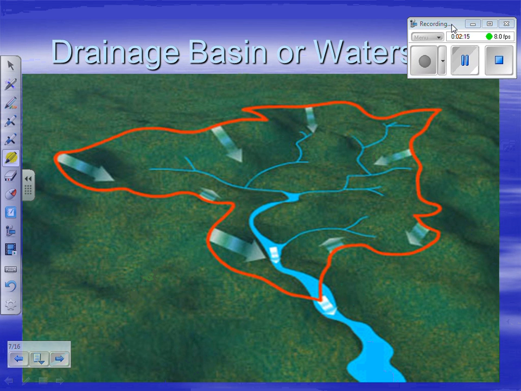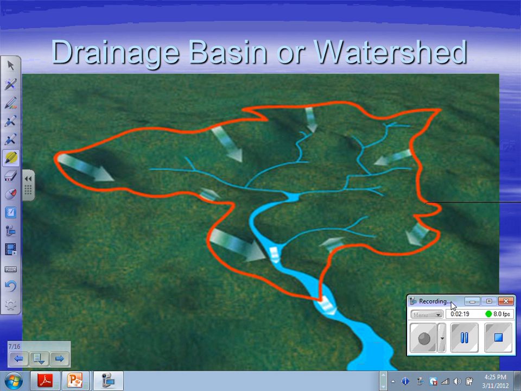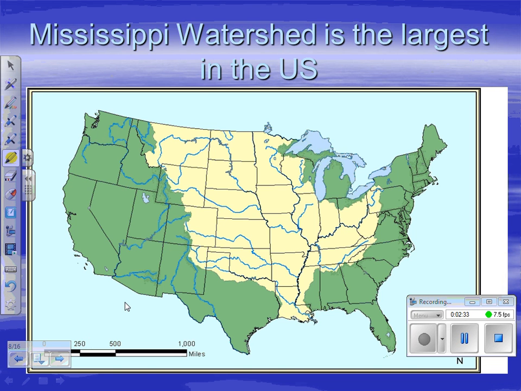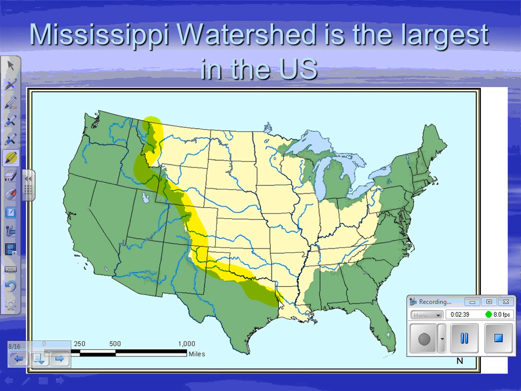This graphic illustrates a drainage basin or a watershed. The area outlined in red is this river's drainage basin or watershed. This graphic illustrates the Mississippi drainage basin, and it's all this area here in the tan color.